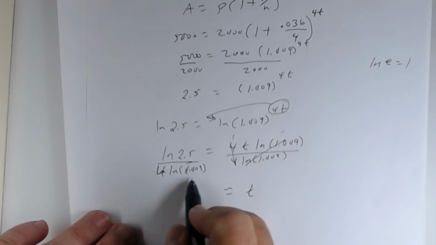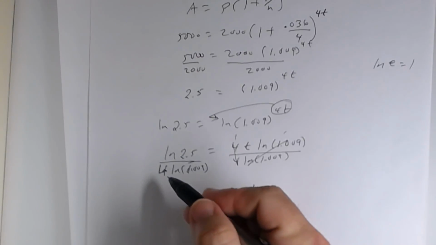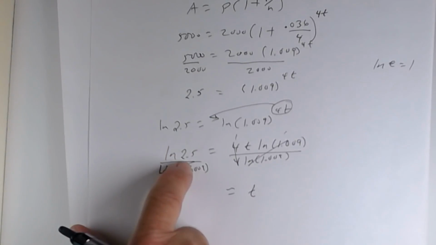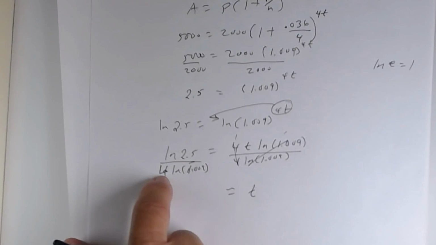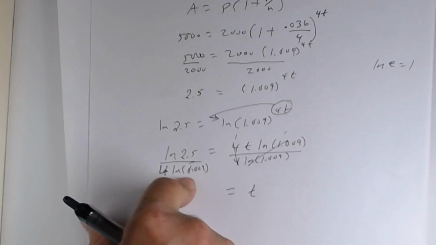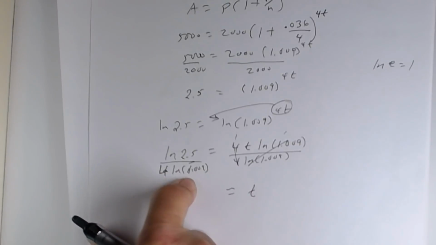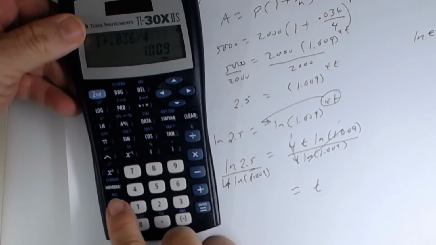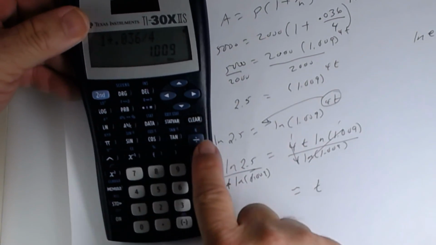Okay, now remember, some of you had struggled with putting this into the calculator. So remember what we did: we said the natural log of 2.5, divide by 4, press equal, and then divide by natural log of 1.009 and then press equal. All right, so watch what I'm doing. Real quick, I know we have a few minutes left.